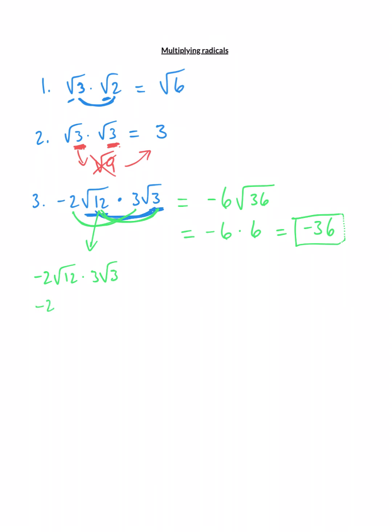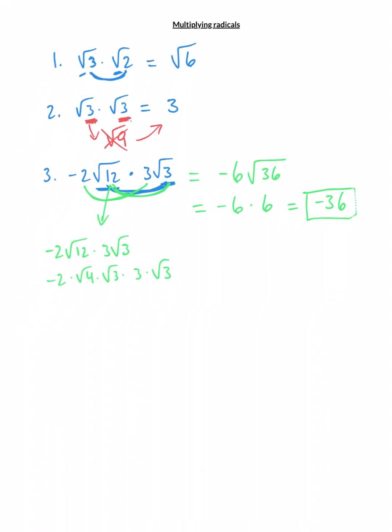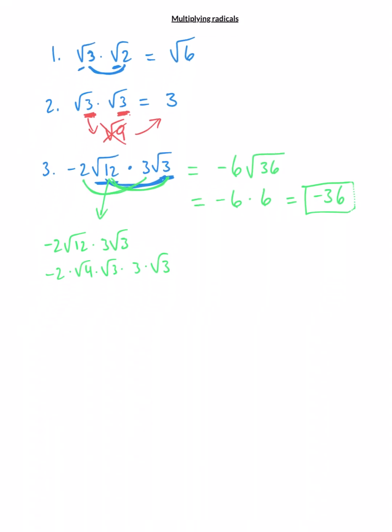We know that the square root of 12 is the square root of 4 times the square root of 3. And since we're multiplying all these numbers, and the order in which we multiply does not matter, then we could do this: negative 2 times 2, since the square root of 4 is 2, times 3, since those are all outside the radical now, and then the square root of 3 times the square root of 3, which we know is just 3.